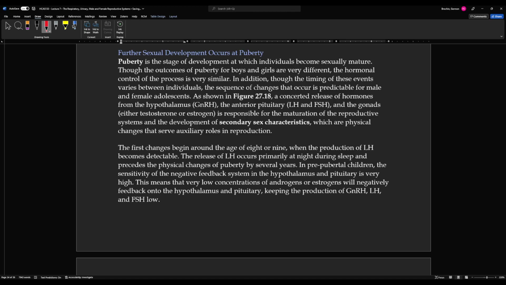They have a lot more androgens, which causes further development of muscle mass, height, bone density, etc. Whereas females will begin to develop the characteristic female patterns, like the development of breast tissue, they'll undergo menarche, and will collect fat in certain parts of the body that are characteristic of the female sex.